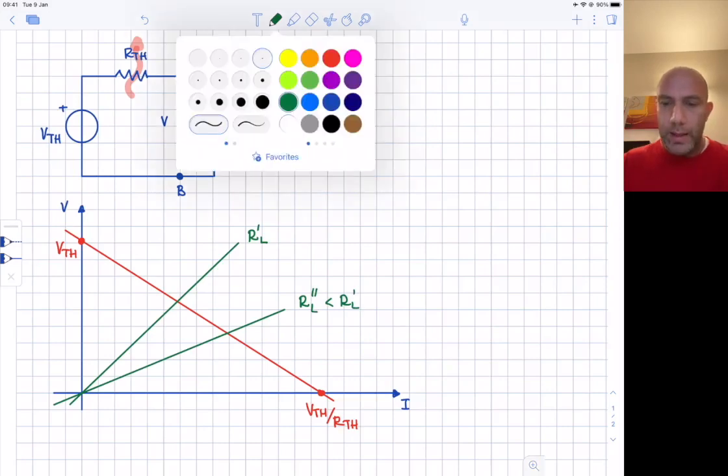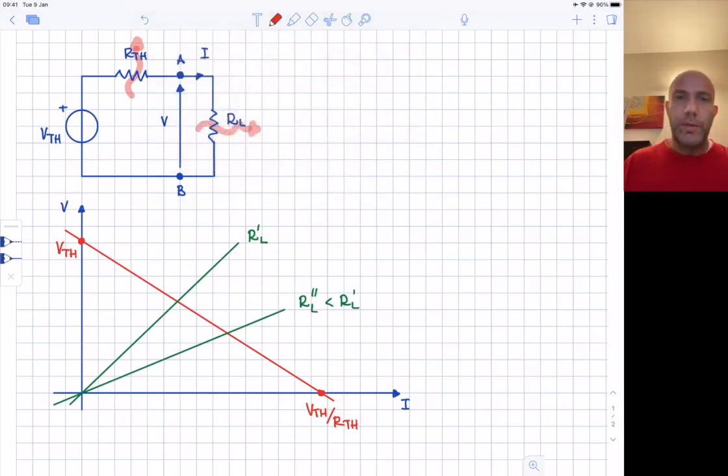So we may say that if we increase the resistance up to the value of infinity, we get the point that is the intersection between the red line and the V-axis. So this is for RL that goes to infinity, while the intersection with the I-axis is when the resistance is the smallest value available, so when RL is 0.